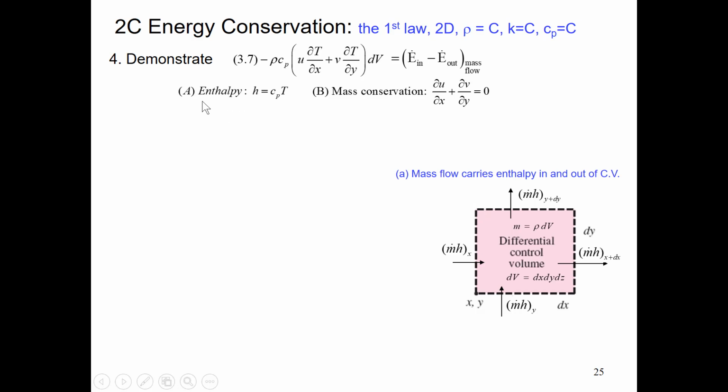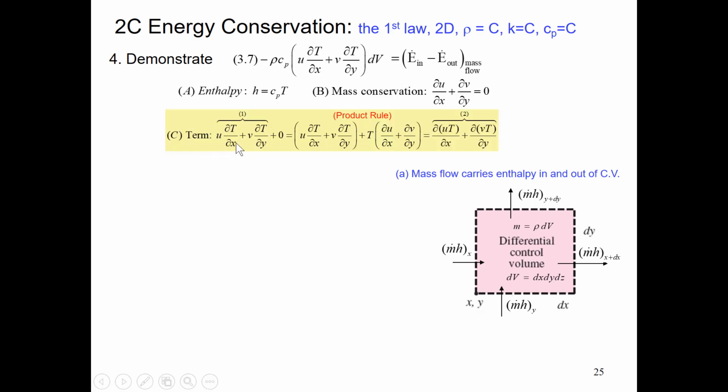First, we define enthalpy H and list mass conservation, which is the continuity equation. Second, we check this term in the bracket and label it term 1 by adding 0. Term 1 plus temperature times 0, still 0.